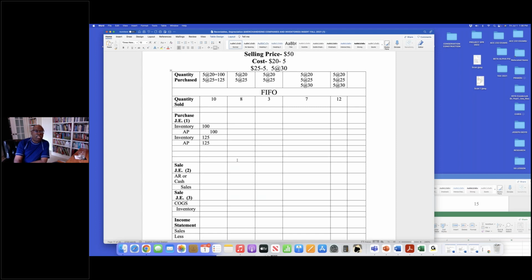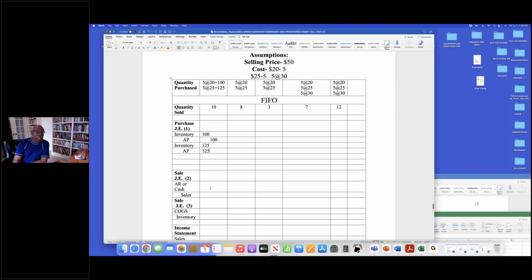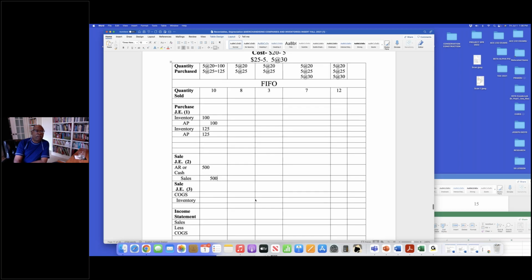If we sell all 10 pairs of shoes at 50, our selling price to our cash and sales is still going to be 500. The cost of goods sold now is going to be 100 plus 125. It's going to be what? 225.